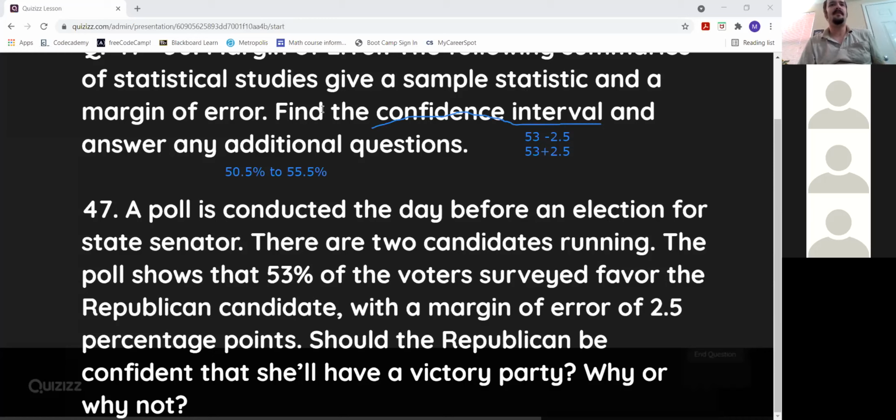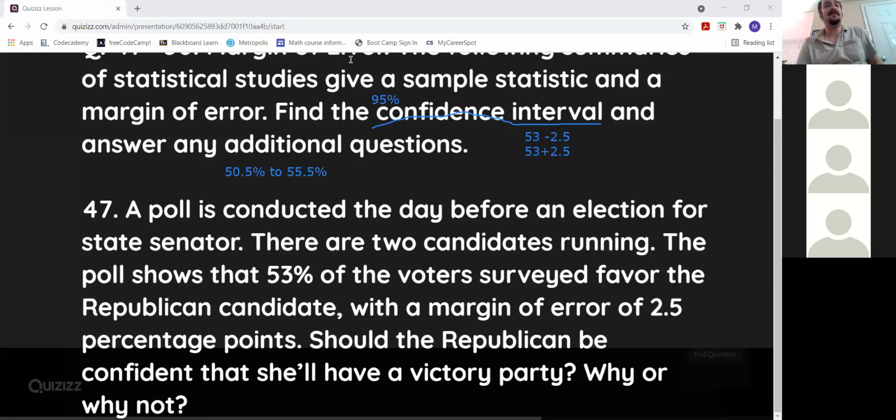So usually we do 95% confidence. That's just the general thing that we default to. Not really a good reason, other than it gives you a number to work with. So we would say that we are 95% sure the candidate will receive between 50.5 and 55.5% of the vote.